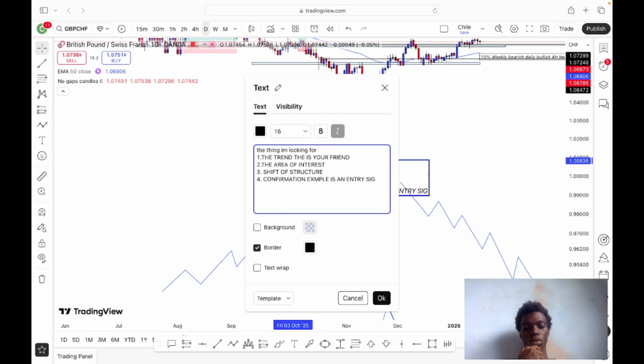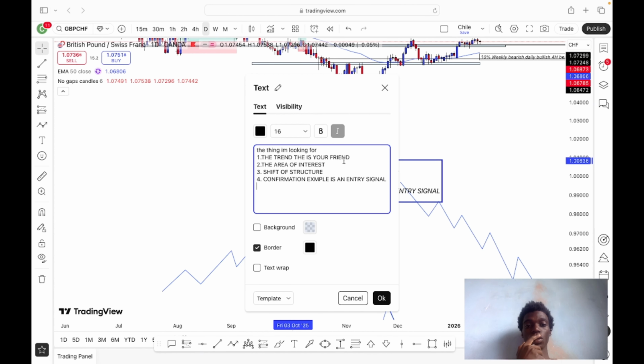An entry signal is either a daily engulfing candlestick, inverted head and shoulders, morning stars, shooting stars.